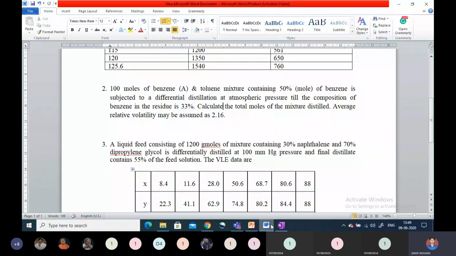So if you solve one problem, then you will understand. All the three approaches, all the three methods of solution, I am going to discuss.